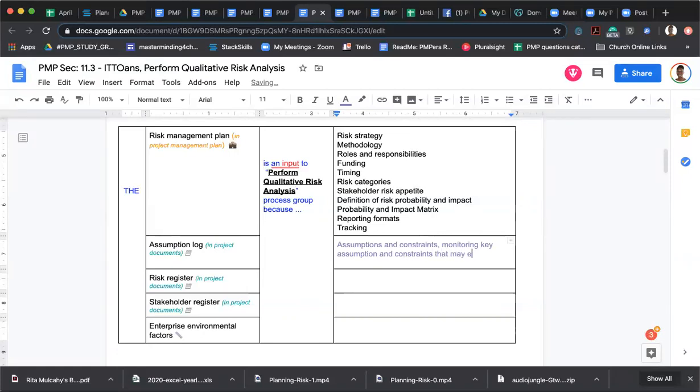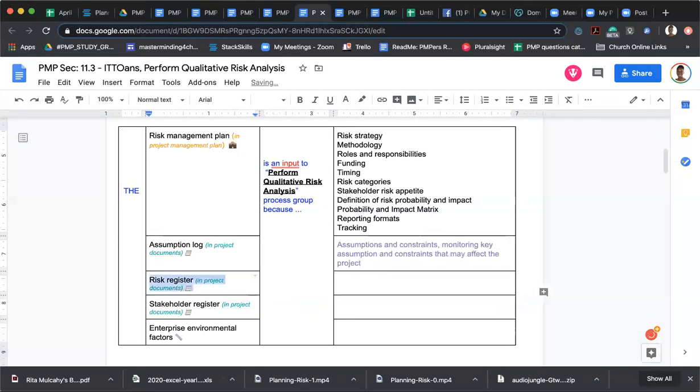Okay, the risk register. This is when you have listed all the risks and who is responsible for them. Basically, it's going to consist of your risk owners.